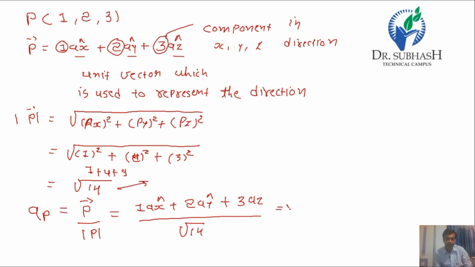If we elaborate it, it can be rewritten as 1 upon root 14 in the x direction plus 2 upon root 14 in the y direction plus 3 upon root 14 in the z direction.